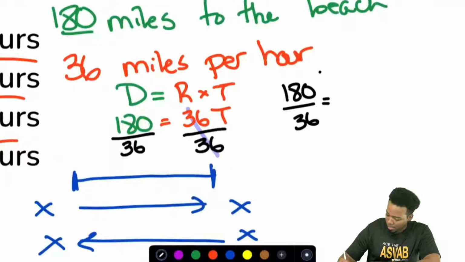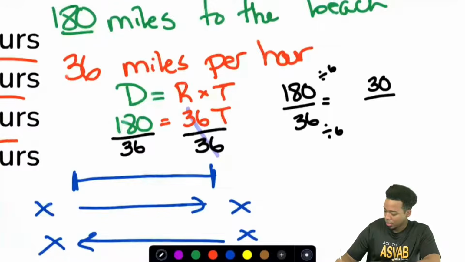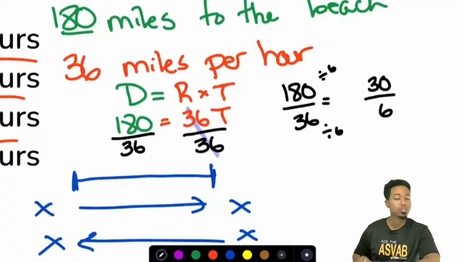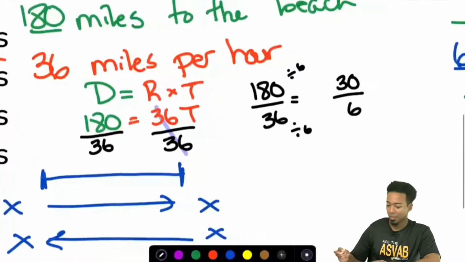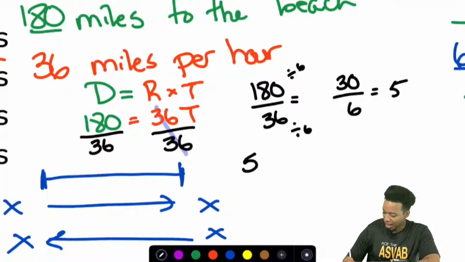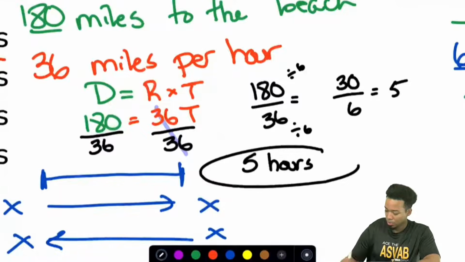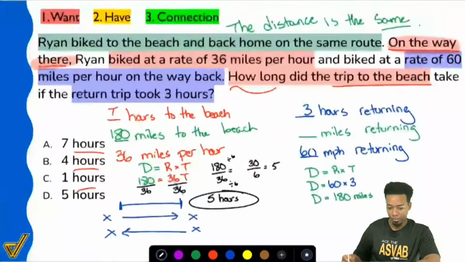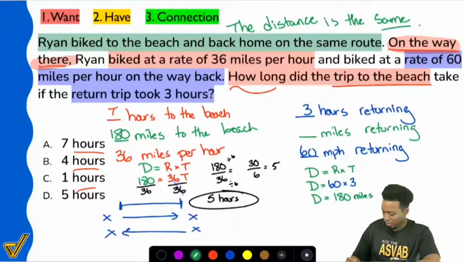So if we divide by 6 first, that's going to give us what? 30 over 6. And then 30 over 6 gives us, exactly, 5. And so our answer will be 5 hours to the beach. Boom. And that's going to be answer choice D.